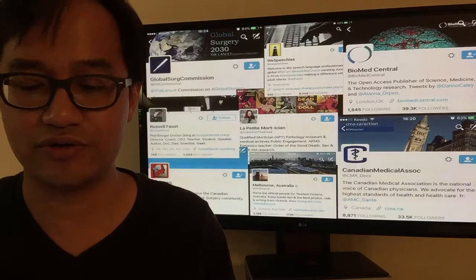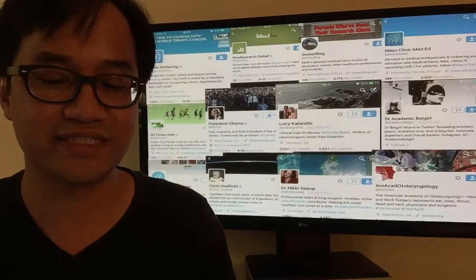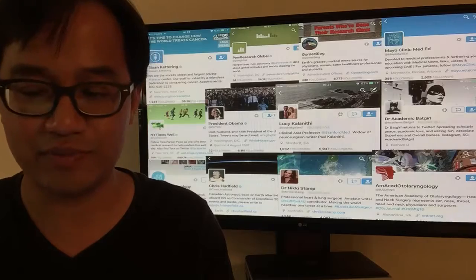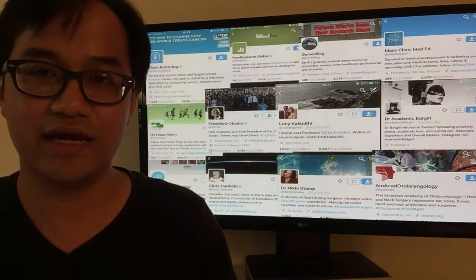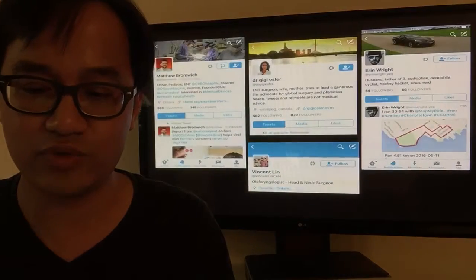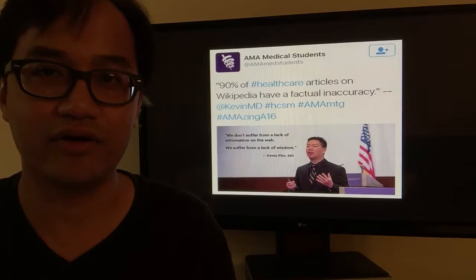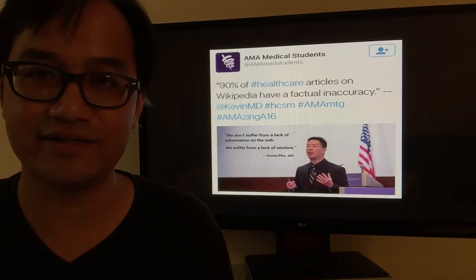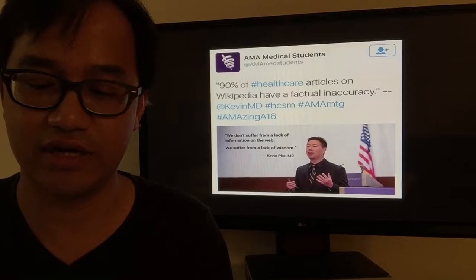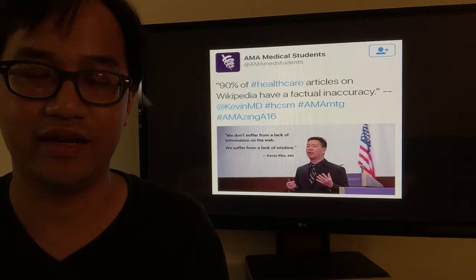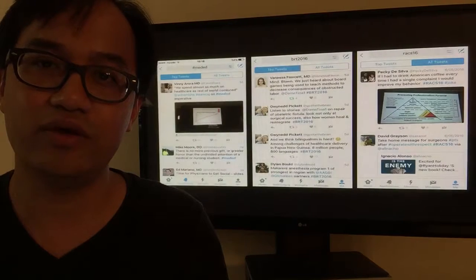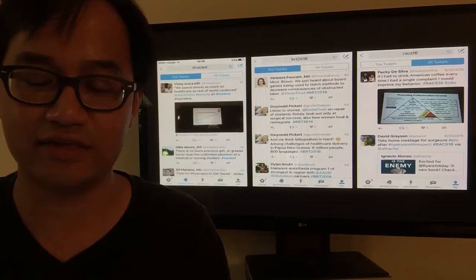You can follow astronauts, you can follow morticians, you can follow artists, you can follow famous people, you can follow other doctors. And the anatomy of a tweet is essentially 140 characters or letters, with some attached visuals and hashtags. This way, you can actually follow the hashtags or the topics.